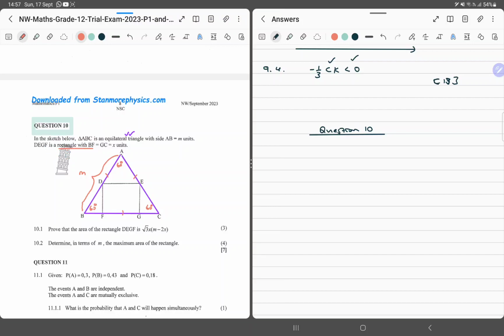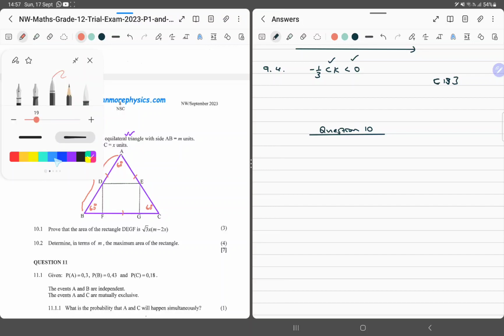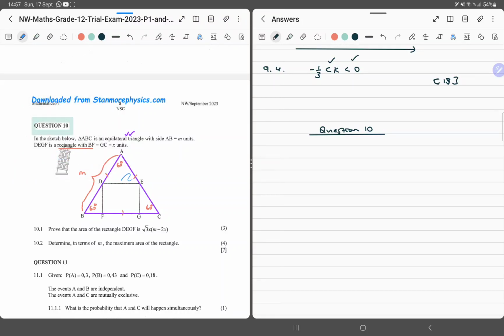What do we know about a rectangle? Now, you need to know things, boss. You need to know things. The opposite sides are parallel and equal to each other. And the same goes for these ones. Okay? And they are essentially equal to each other as well. And also we know that the corner angles are 90 degrees.